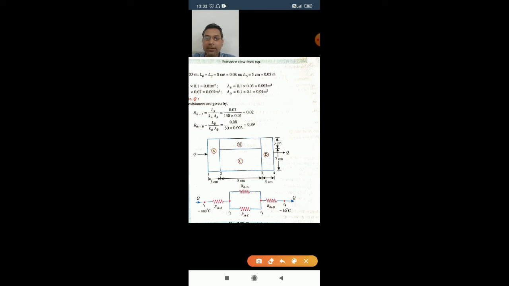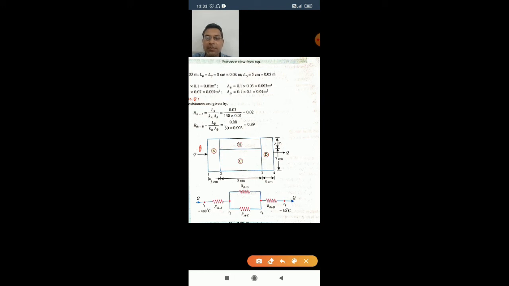Just look at that. T1 is the point, and that point here is 400 degrees centigrade. This is your T1 point. Now from here the heat transfer starts.